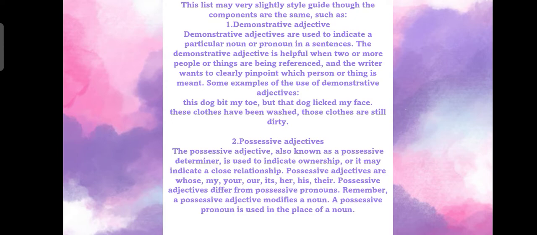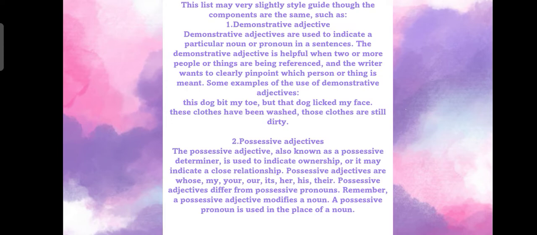This list may vary slightly style-wise, though the components are the same, such as demonstrative adjectives. Demonstrative adjectives are used to indicate a particular noun or pronoun in a sentence. The demonstrative adjective is helpful when two or more people or things are being referenced, and the writer wants to clearly pinpoint which person or thing is meant.